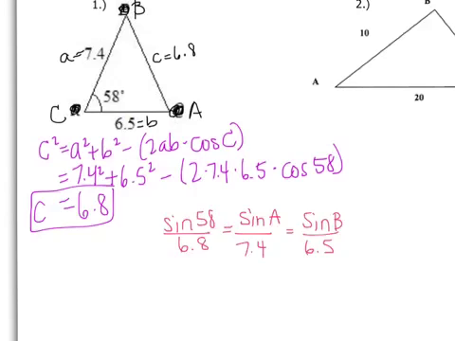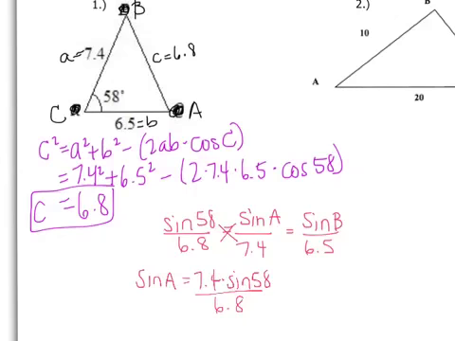We have 6.8 as the length of side C. I'm ready to cross multiply and find the measure of angle A. So the sine of angle A should be equal to 7.4 times the sine of 58 divided by 6.8.